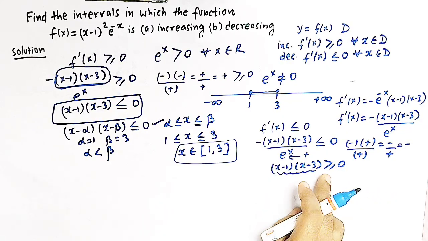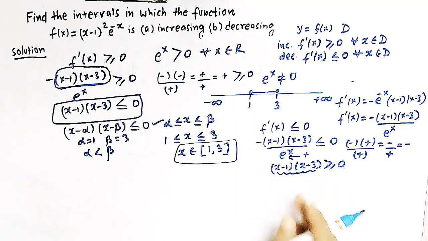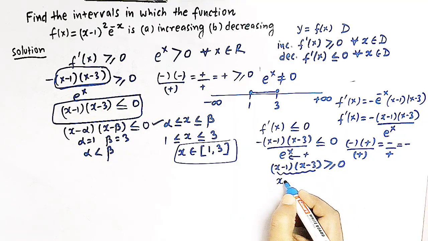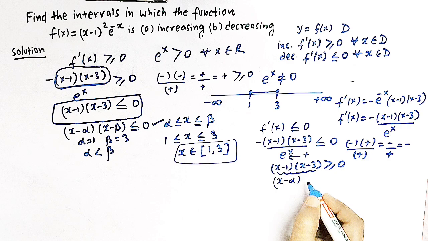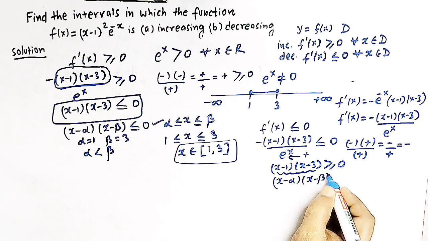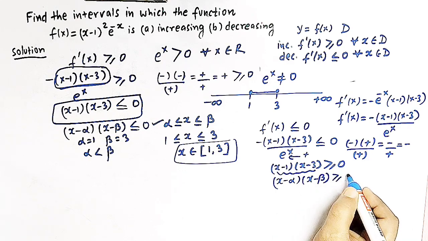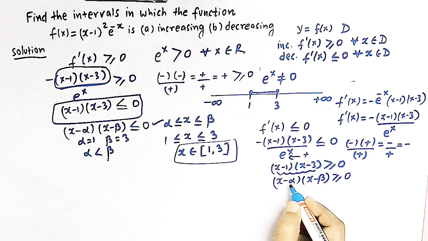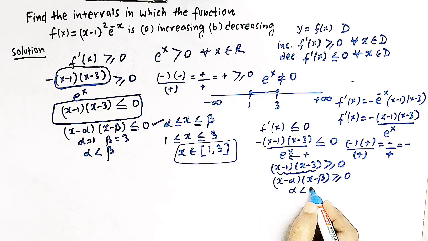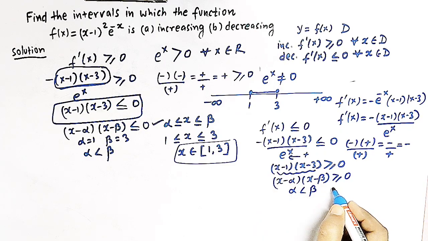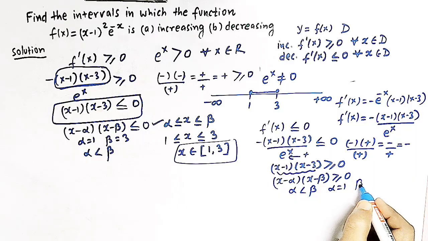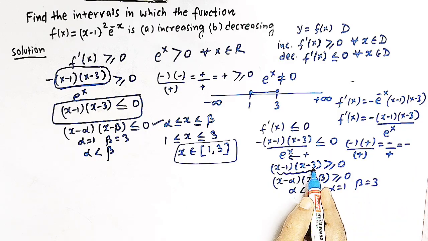So now to solve this type of inequalities which are of this form, x minus alpha times x minus beta is greater than or equal to 0, where alpha is less than beta. Here alpha is 1 and beta is equal to 3.